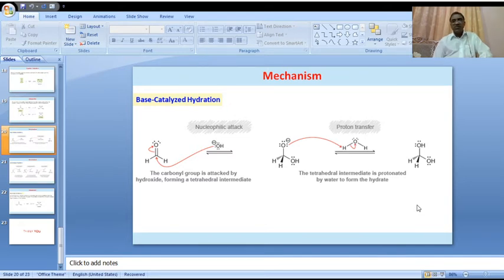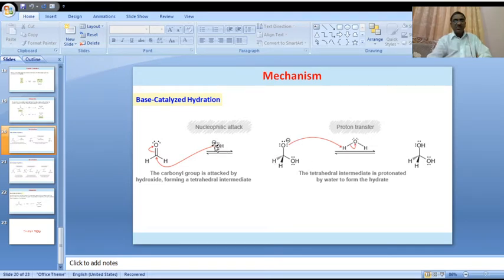Please observe clearly what steps are involved in this reaction. In the first step, nucleophilic attack, the carbonyl group is attacked by hydroxide, OH minus, forming a tetrahedral intermediate.